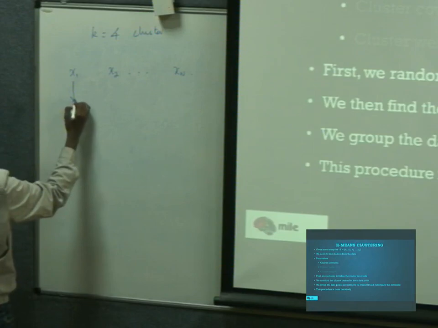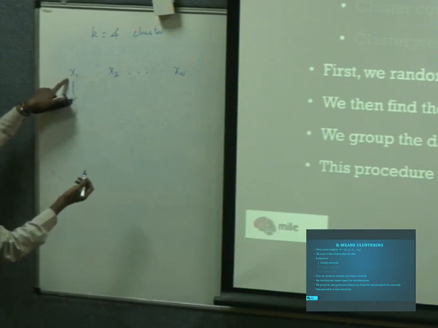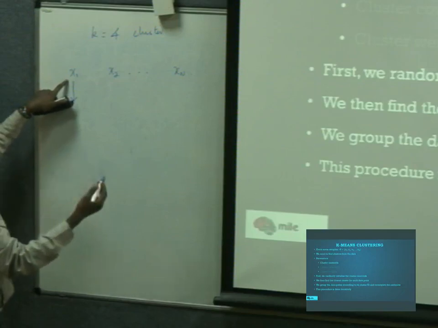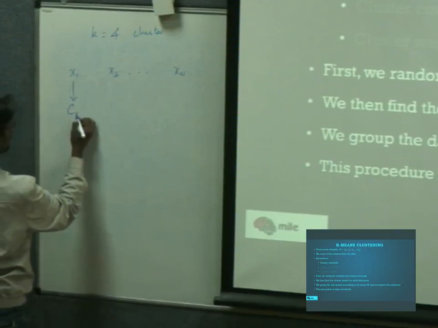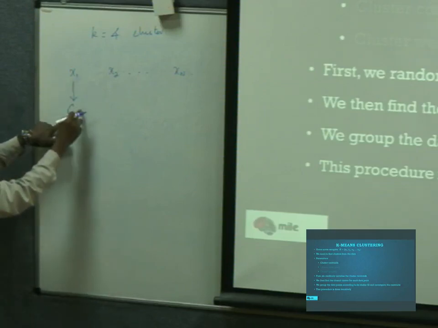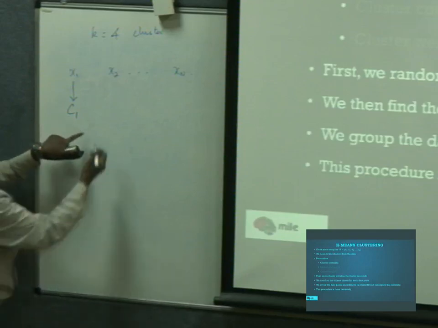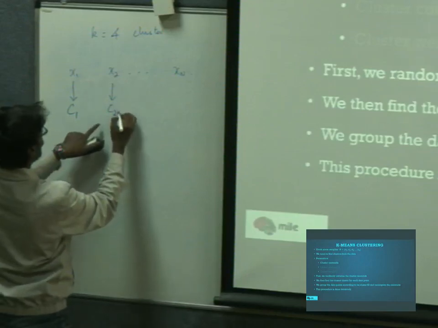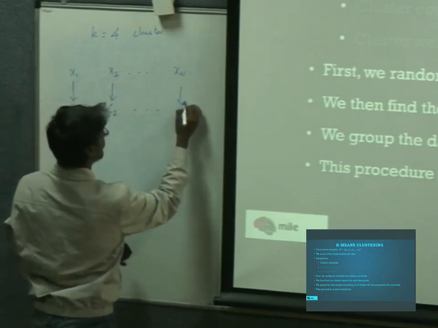For each data point we find whether it is close to the first centroid, or the second, third or fourth, and we say C1 is equal to 4, which means the first vector is close to the fourth centroid, and C2 will tell you which centroid x2 is close to, and so on up to Cn.